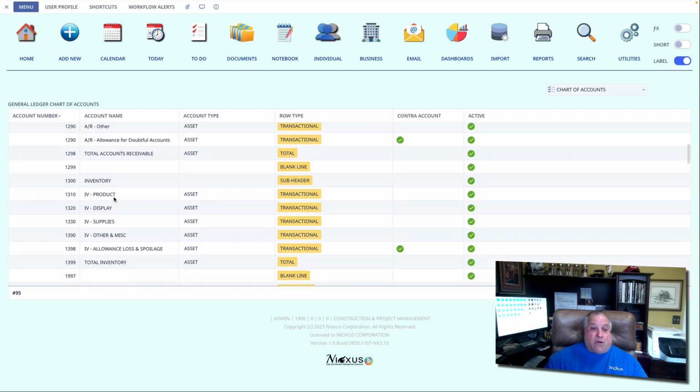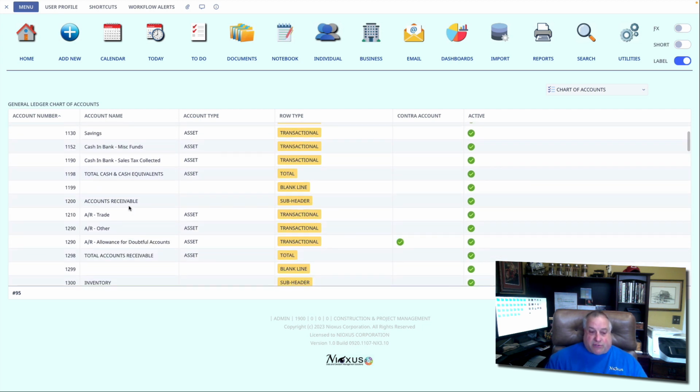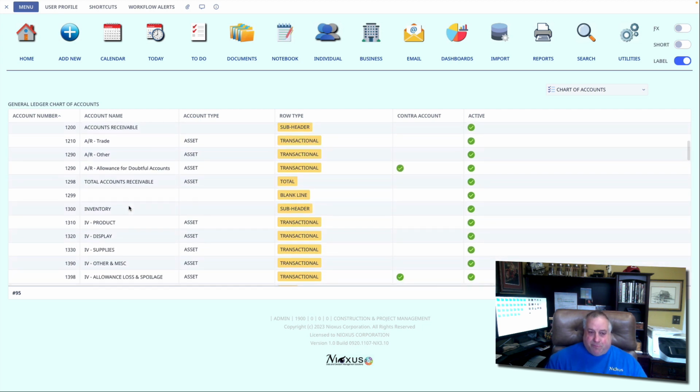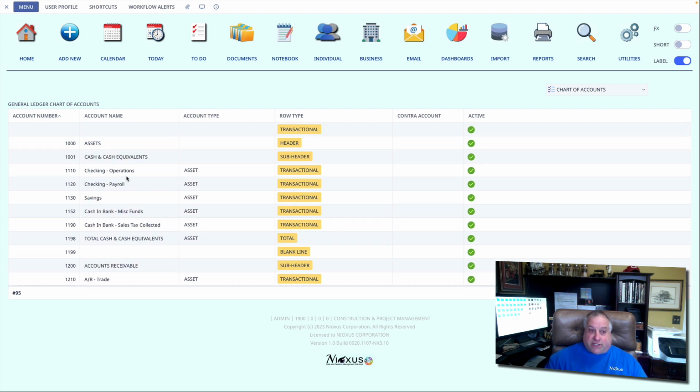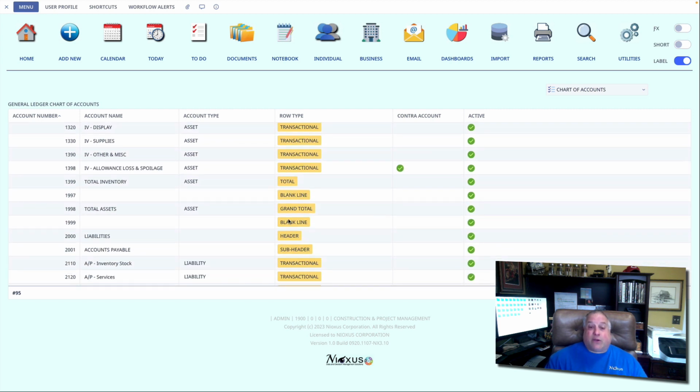And we now know that every grand total would be a master section total. These are subsections, cash and cash equivalents, accounts receivable, inventory, that are all part of one section, the asset section. And at the bottom of the asset section, we see the grand total, total assets.